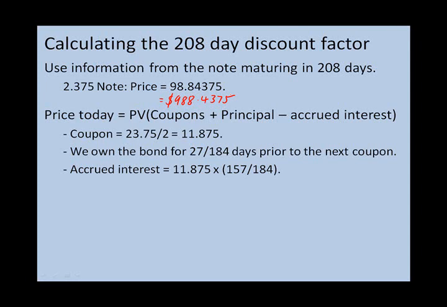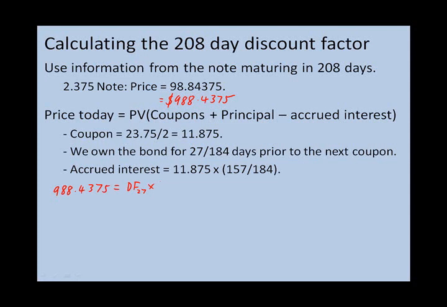Once again, we have to deal with accrued interest because we only own the bond for 27 of the 184 days before the next coupon payment. That means the price today, $988.4375, is equal to the discount factor for 27 days times what do we receive in 27 days?